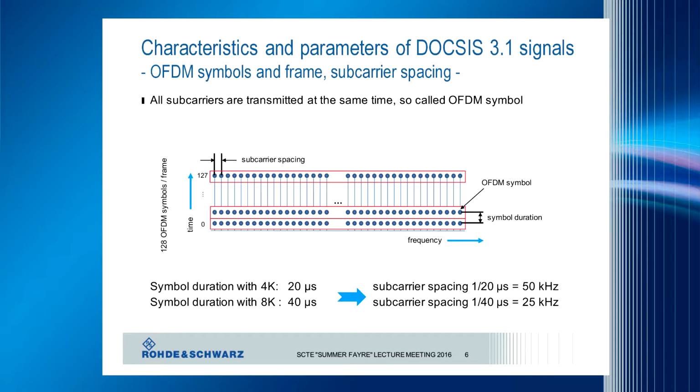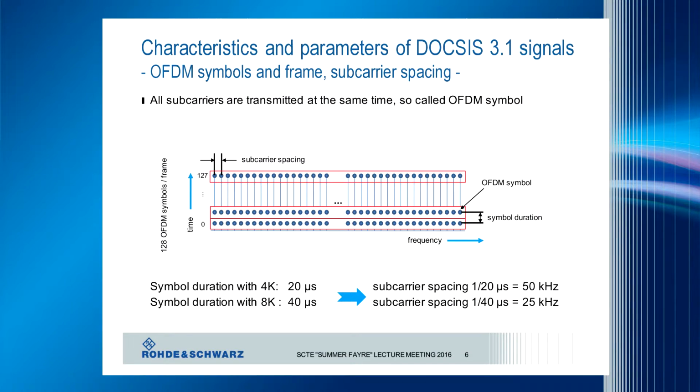In addition, we have here the time axis, and also symbol numbers. And the OFDM symbols are transmitted at a certain distance in time. Then we are talking about symbol duration, and up to 128 symbols in total. Then we are talking about an OFDM frame.